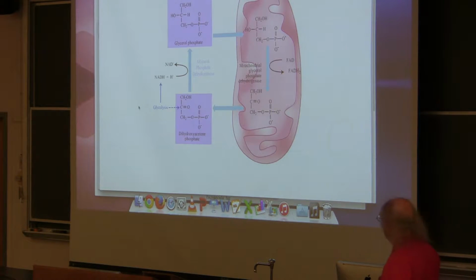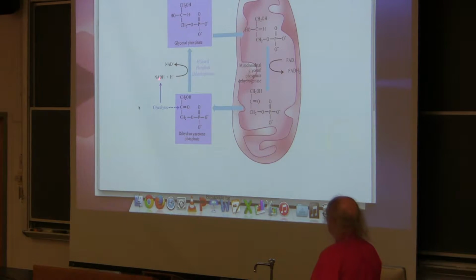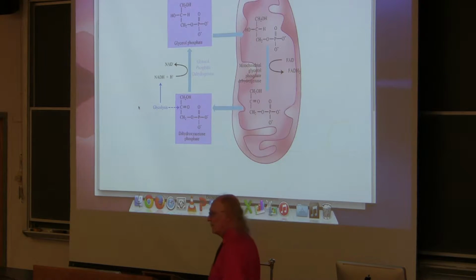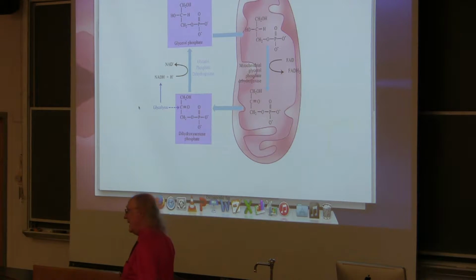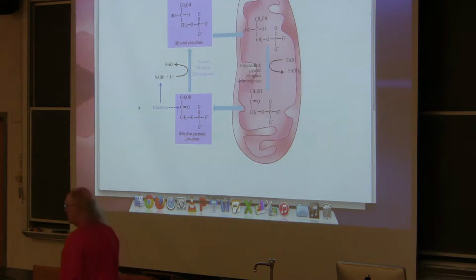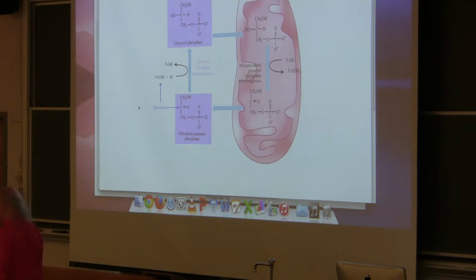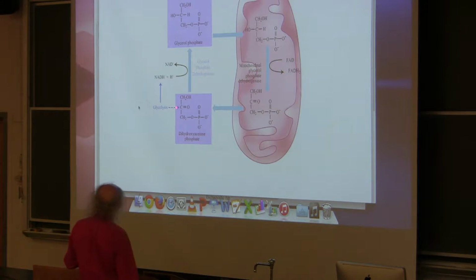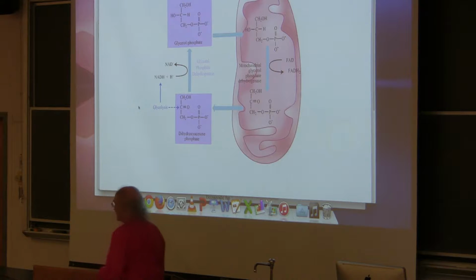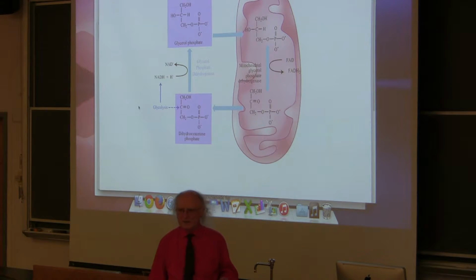NADH has electrons, okay? It wants to get rid of those electrons, and it can't cross the mitochondrial inner membrane, so it can't dump its electrons off directly into the matrix. So what it does is it takes the electrons on NADH, and it gives them to an intermediate from glycolysis.